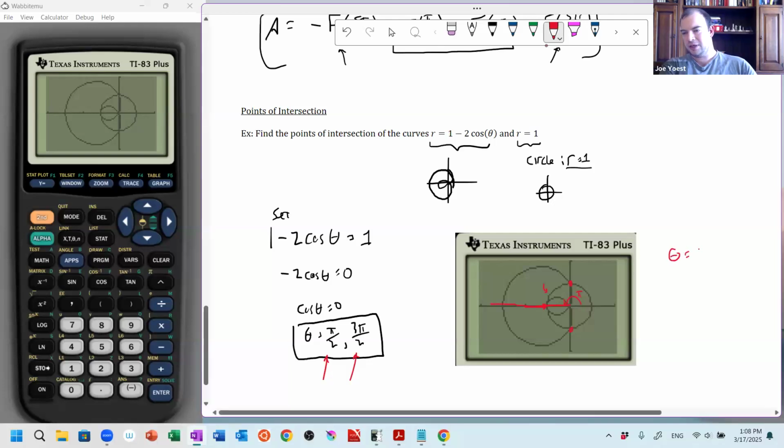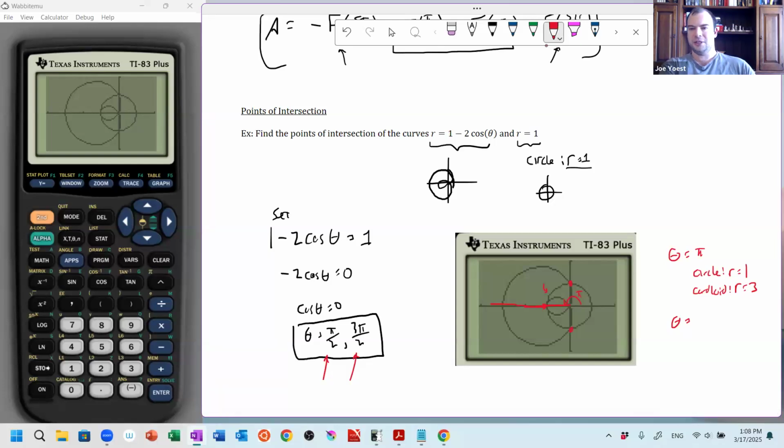So let me write this over here. Theta equals pi, circle, r equals 1, and the cardioid, r equals, what was it? 3. Was it 3? Yeah, 3.